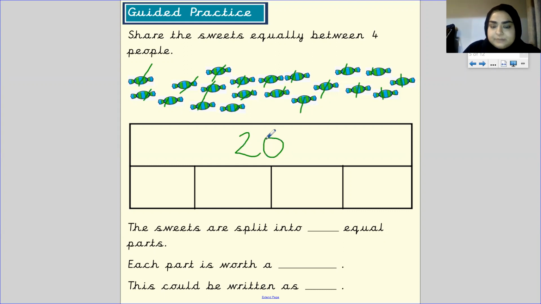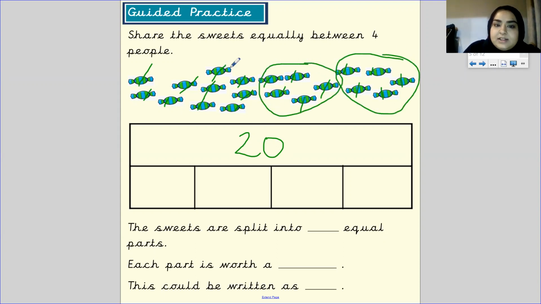So if I know I have 20 sweets, but I need to put them in 4 groups, because it's 4 equal parts, so I need to share them into 4 equal groups. How many do you think I will have? Fantastic, 5. So that's group 1, which has 5, then group 2, which has 5, then group 3, which has 5, and then group 4, which has 5.